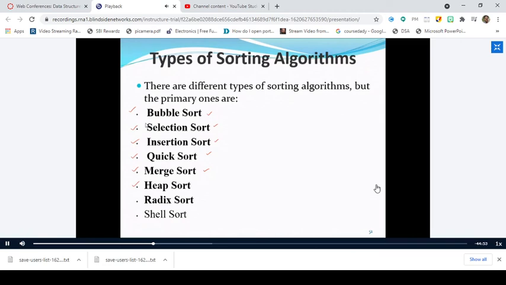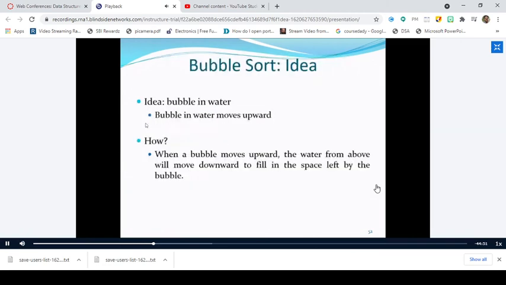So coming to the bubble sort, listen carefully. This is where we are starting our sorting algorithms. The first sorting algorithm that I am going to discuss is the bubble sort algorithm. We'll see how this name has been given. Why is it called bubble? The idea depends on the bubbles that we see in a glass of water.